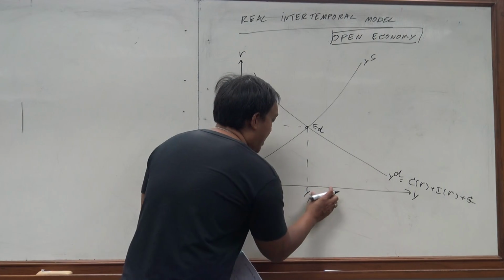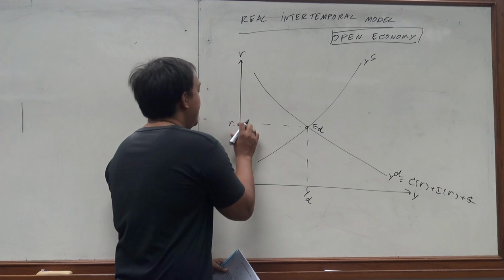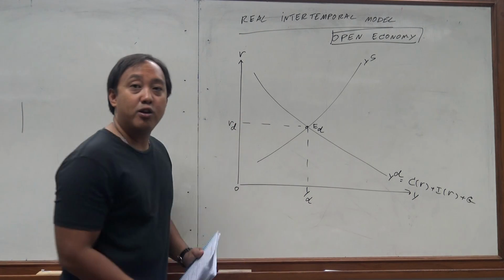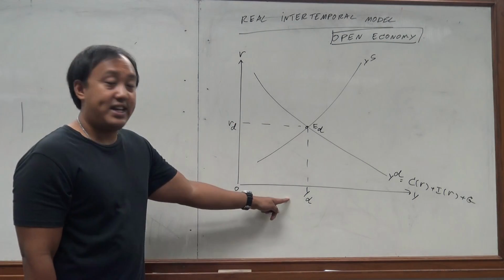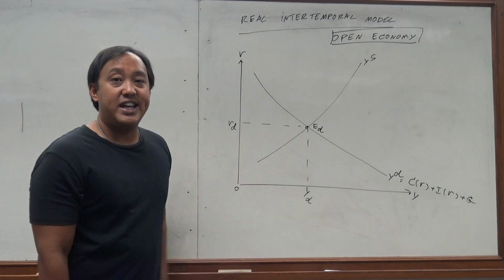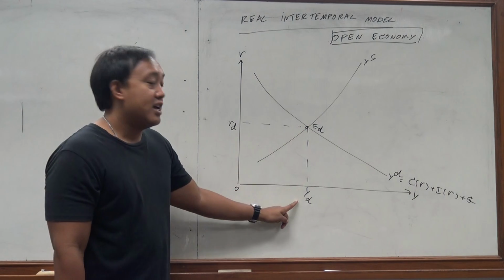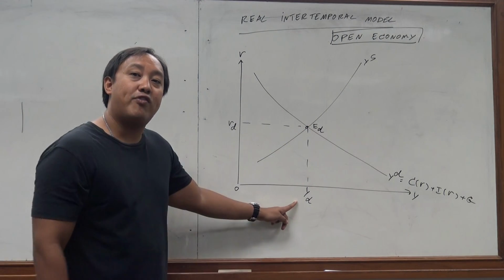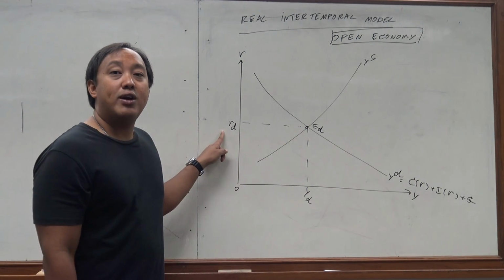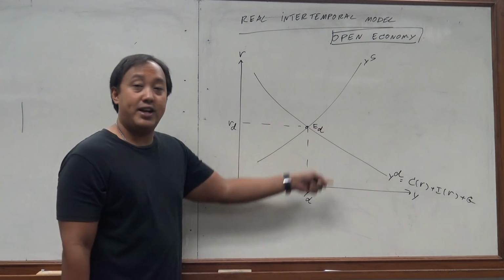This is YD, when we close our country, and this is RD. YD, RD, and ED. This is the equilibrium point, the GDP and the real interest rate for the domestic economy when we close our country.